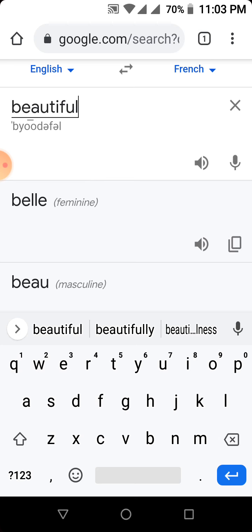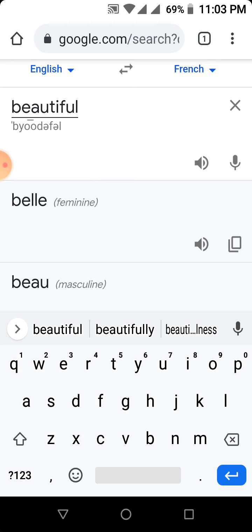So I have here the full translation one by one of your place is beautiful in French, and I have here on my record as Votre endroit est belle for feminine and beau for masculine.